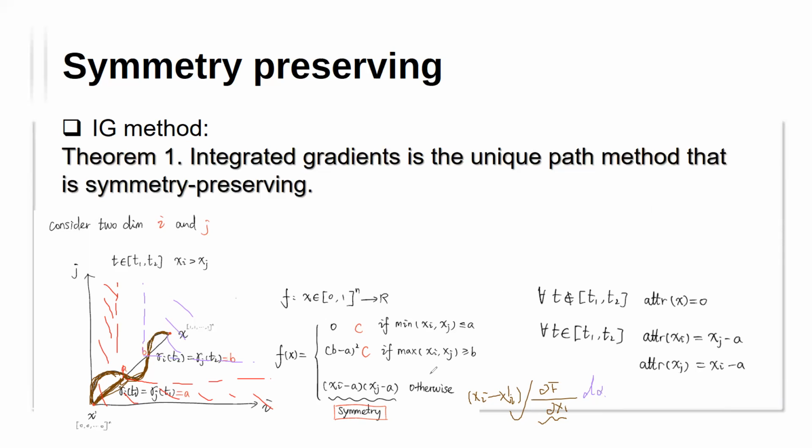The point is that as long as they are different, if they are not straight, then this path method is not symmetry preserving. So this actually supports that integrated gradients is the only unique path method that is symmetry preserving.